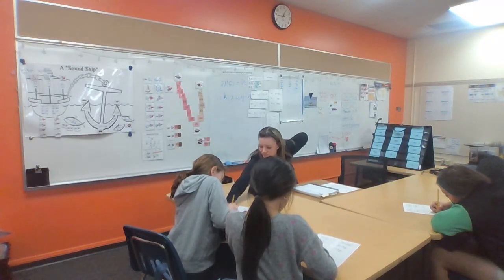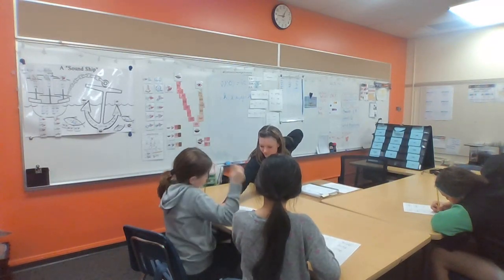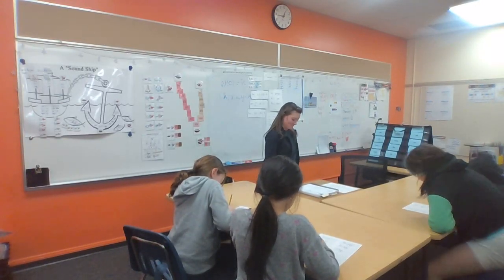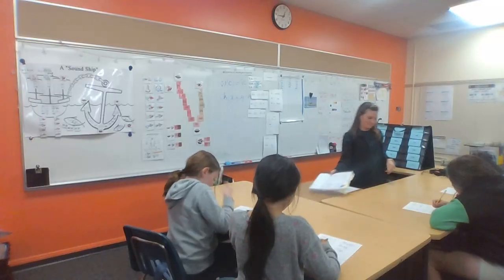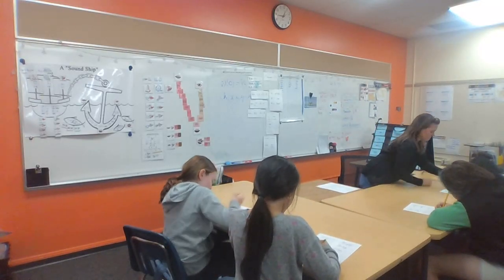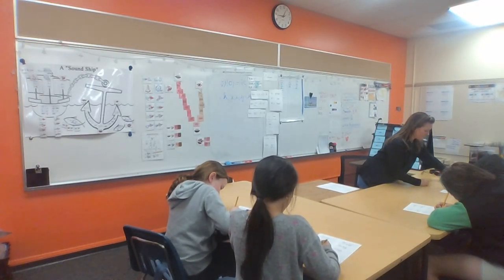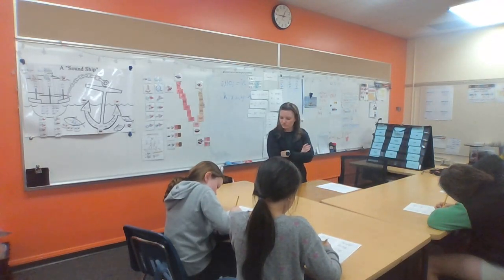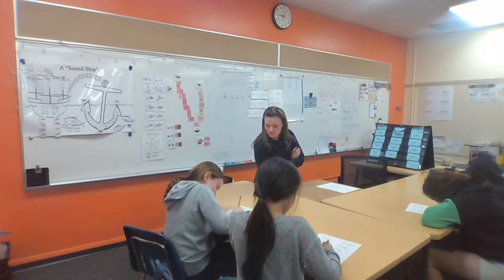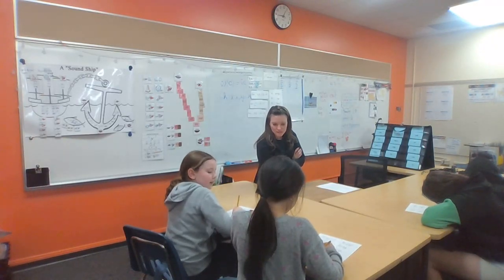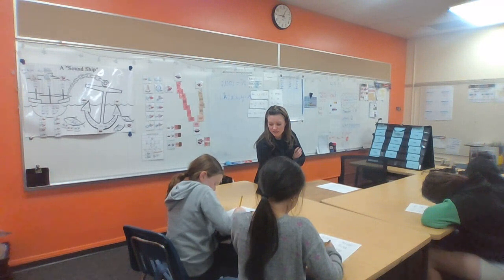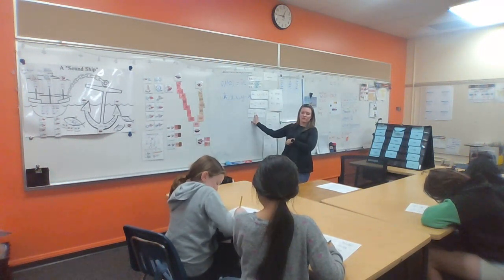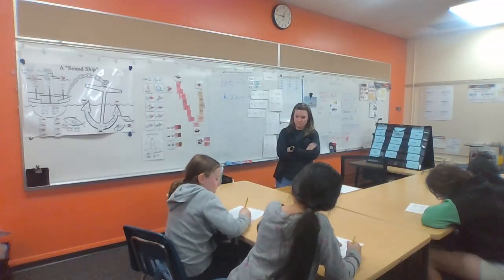H, A, T-H-E. S-K-I-N-S-K-I. It is two N's because it ends with an I, an accented vowel, and consonant.